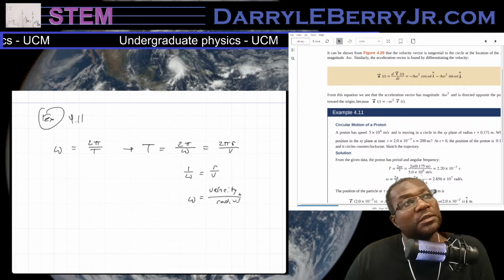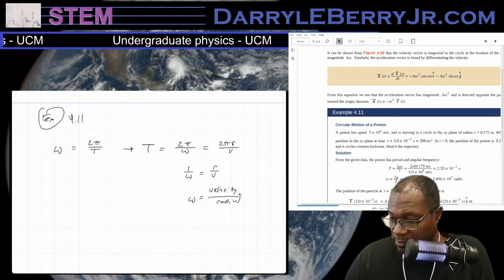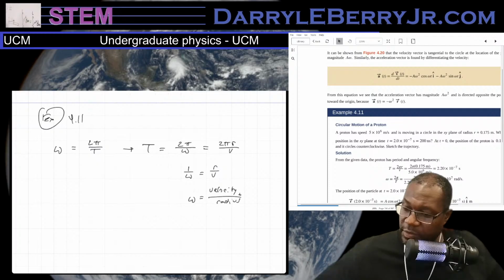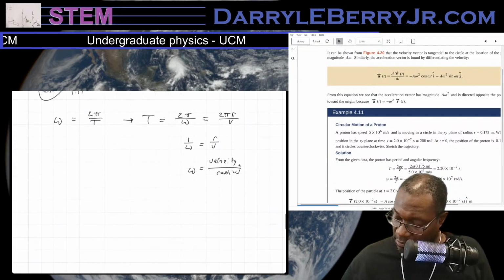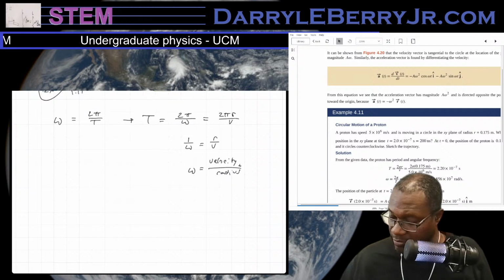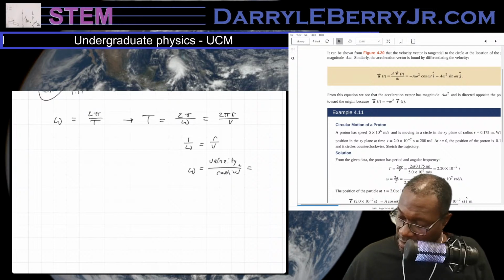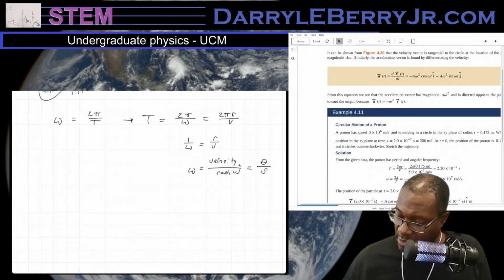The bigger the radius, the slower the angle changes, because omega is also theta per second, or theta over t. Does that make sense?